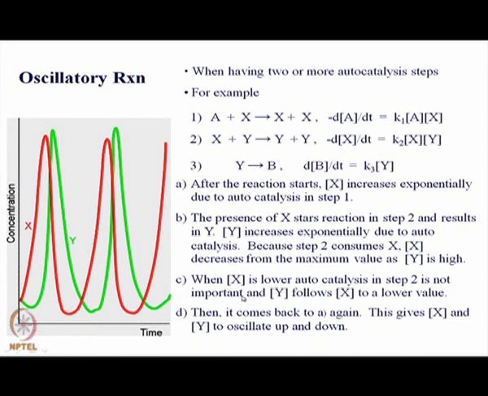When X is lowered, autocatalysis in step 2 is not important, and Y follows X to a lower value. So, you see X initially builds up, then it decreases, and Y after some time goes up, that is, Y is following X. X is oscillating, Y is oscillating, but there is a phase difference. So, this way it is happening.